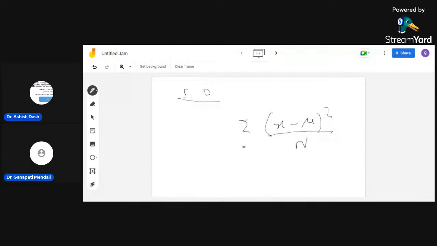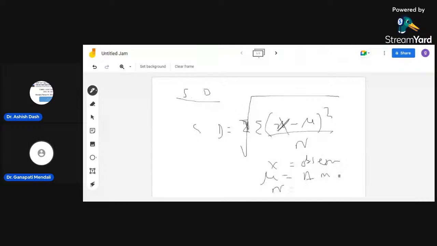Capital X is the observations, mu is the arithmetic mean, and n is the number of observations.